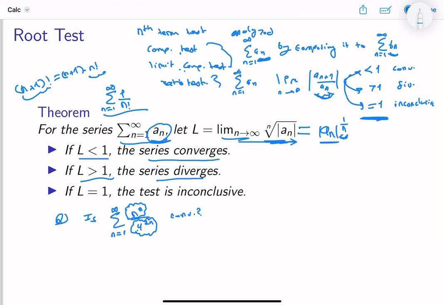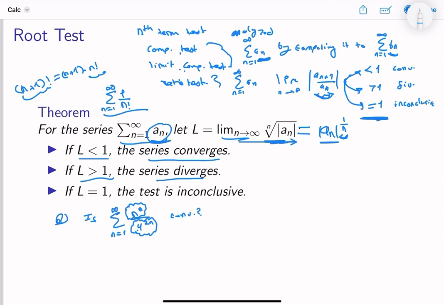However, it can't beat n to the n. So you have n to the power n, and you have 4 to the power 2n, so there's an n in the power. It's suggesting itself that the root test might be a good thing to try here.